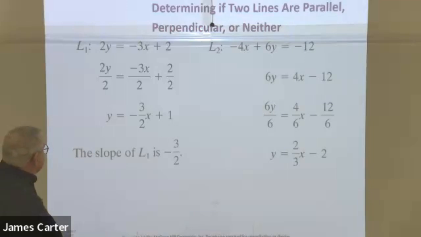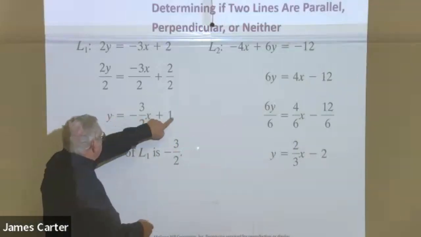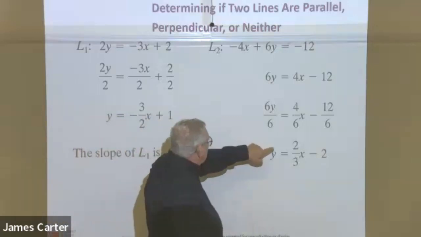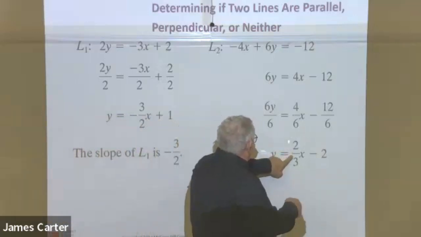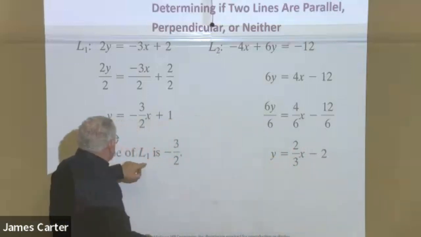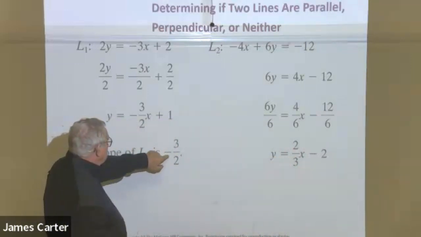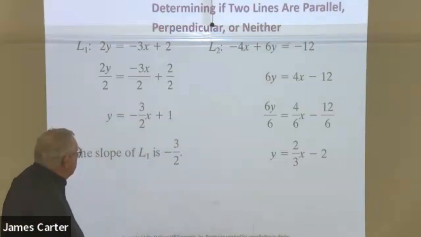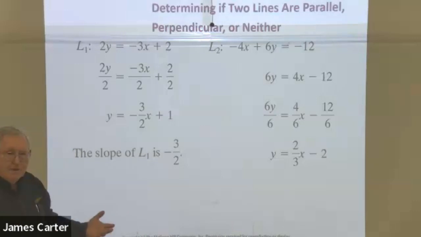Here's simplifying the second one. Here we get a slope y = mx + b of -3/2. Here we get a slope of +2/3. If you notice, opposite signs, reciprocals. So therefore, these two lines happen to be perpendicular.